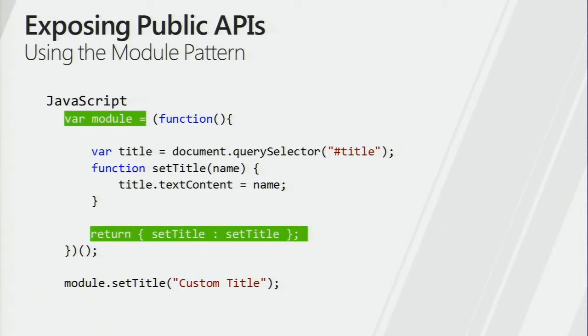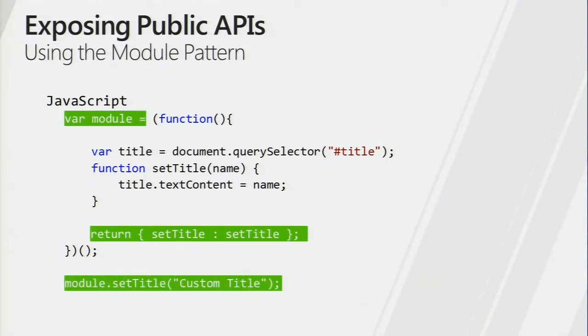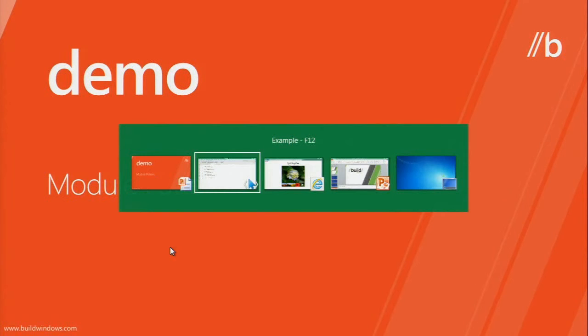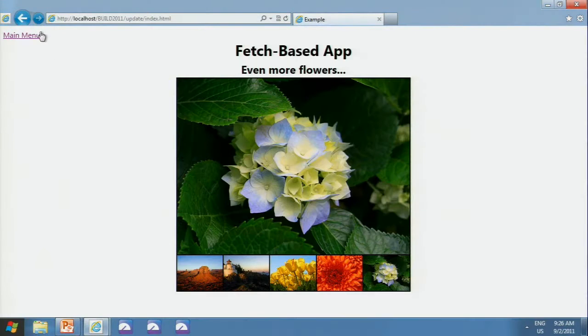That returned object then gets stored in my module variable that's global. Therefore, any other module or other global code can access that using module.setTitle to still set a custom title on my page. Let's take one more look at how this might look within our simple application.